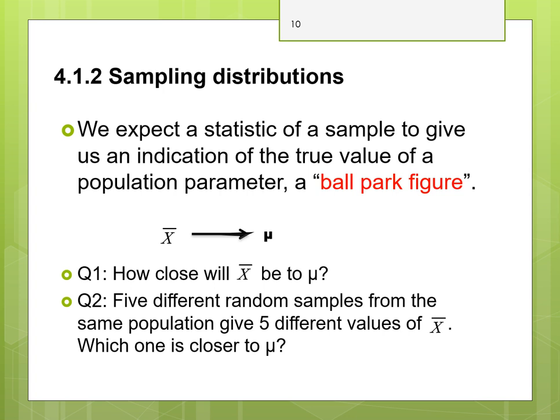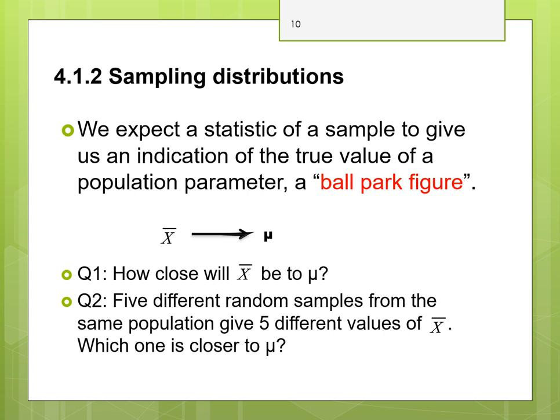So here we know that from the same population, we draw 5 different samples and we can get 5 different X bars. And the next question, which one of the 5 X bars is closer to mu?